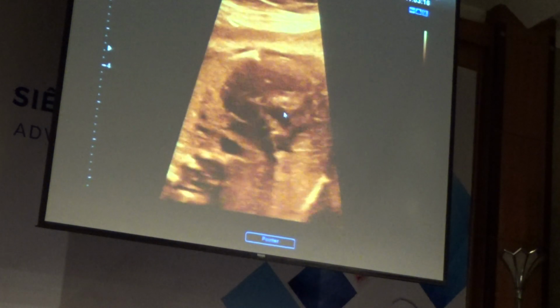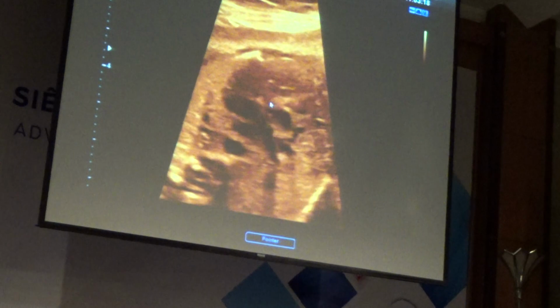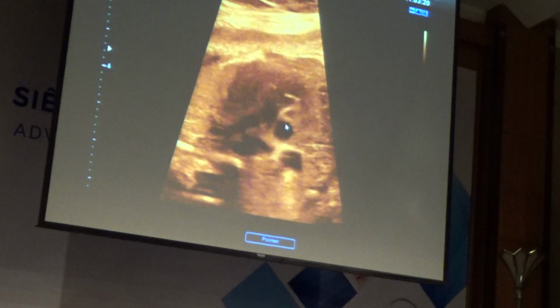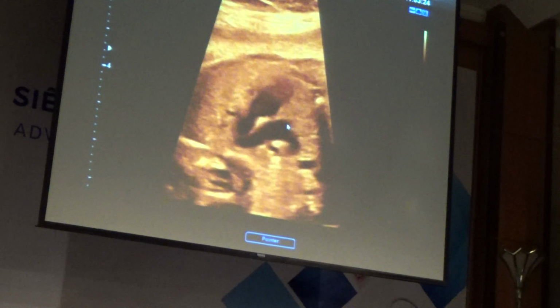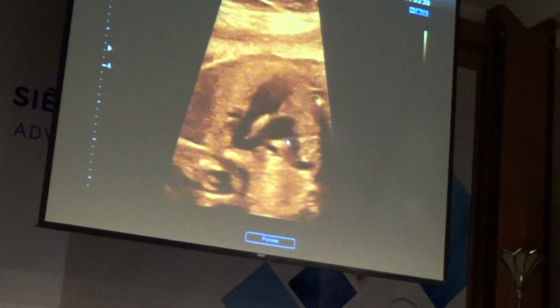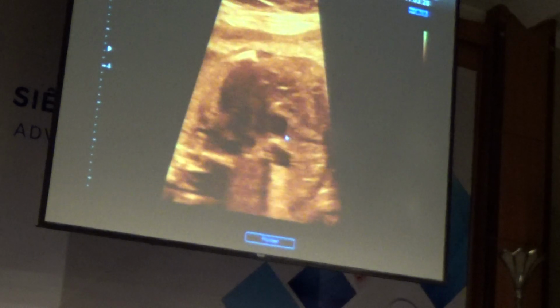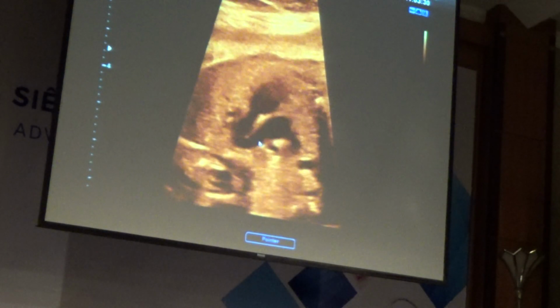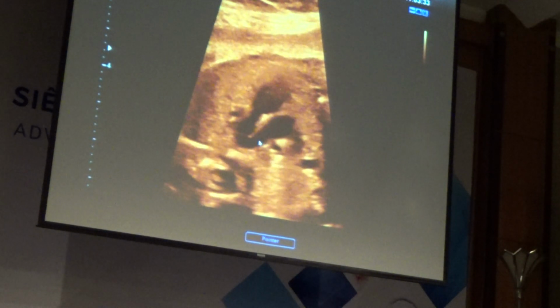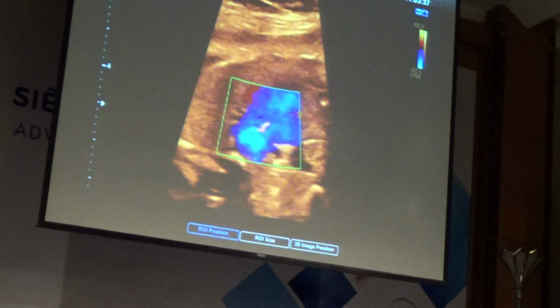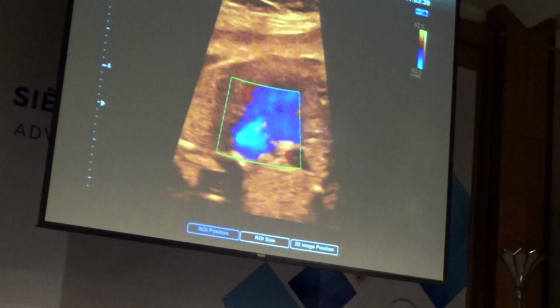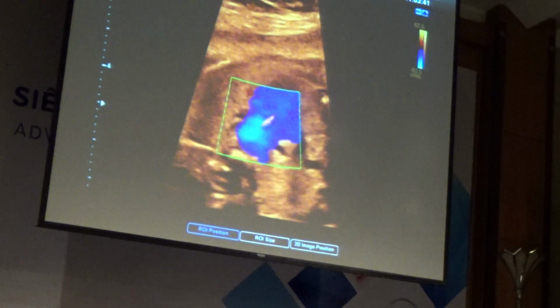If it were a right arch, I would follow the aorta, and instead of going here, it would go straight down here. But it's over here. And the color is also useful. It shows flow in the 3-vessel view is in the same direction, posterior.